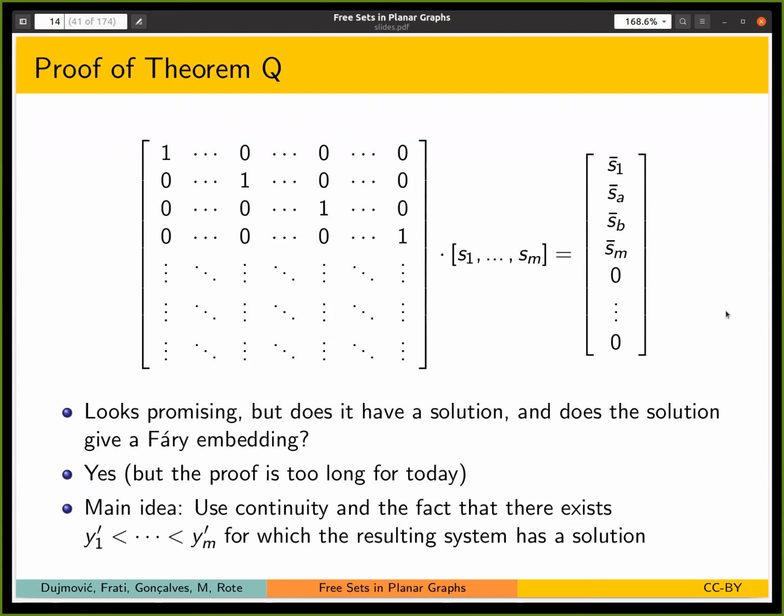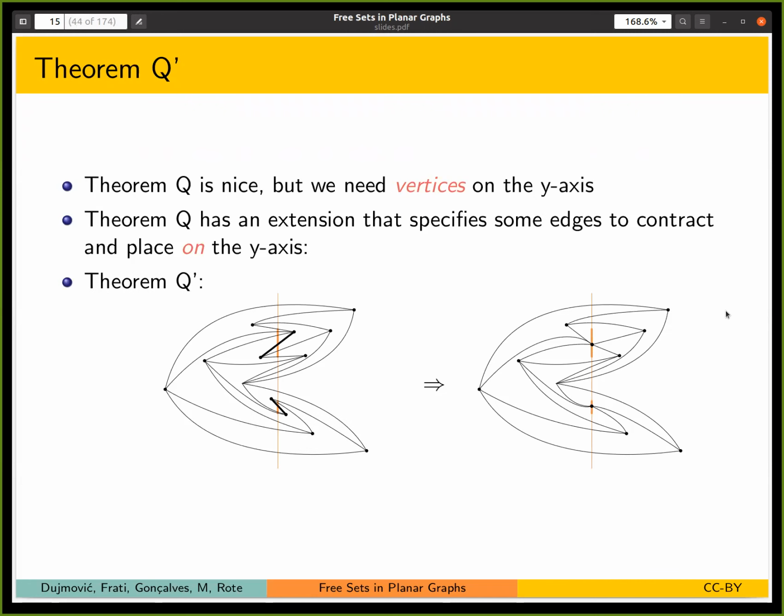Okay. So that seems to handle the crux of the problem, where you give me a quadrangulation in which all of the edges cross the y-axis, and now I can tell you exactly, I can give you another drawing of that thing where all of the edges cross at specified locations.